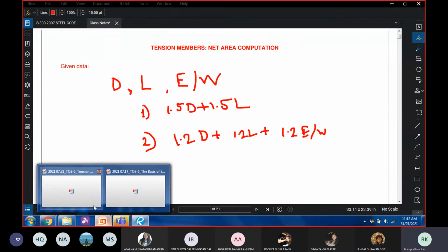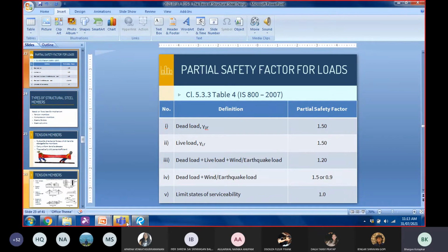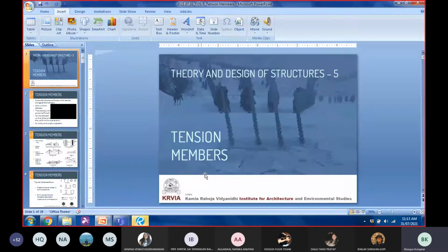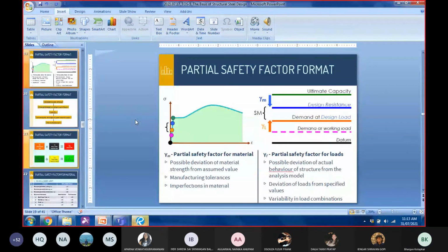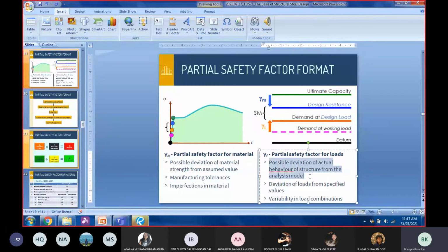I'll go back to the slide where we talk about contingencies for different reasons. We have a partial safety factor for loads because there might be a deviation of the actual behavior of the structure from the analysis model. You might figure out that the maximum bending moment in this beam is 150 kilonewton meter, but the structure does not behave that way, and the maximum bending moment is, say, 200 kilonewton meter.